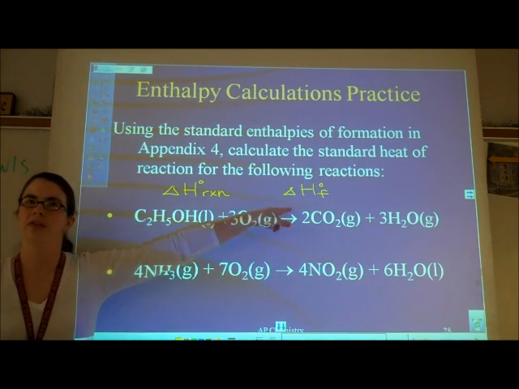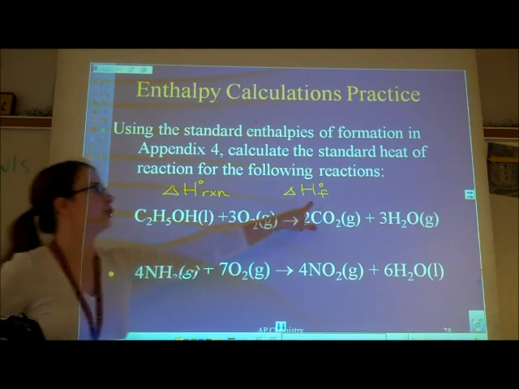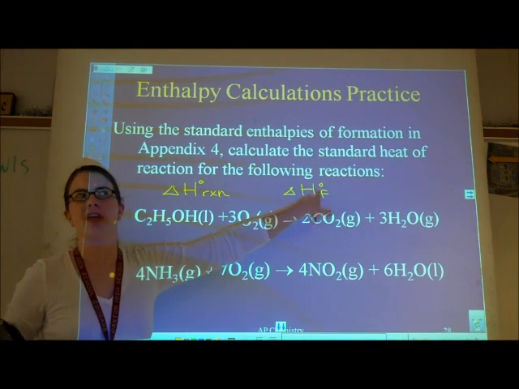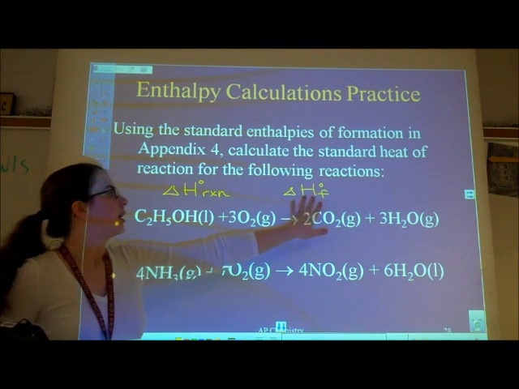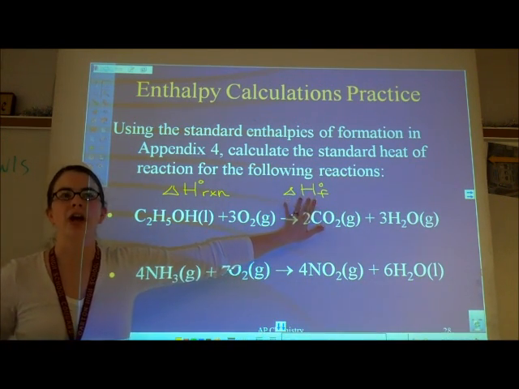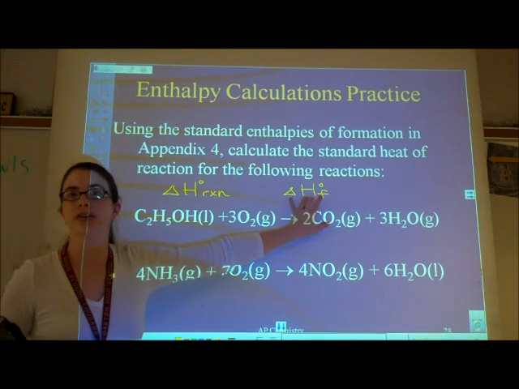Ladies and gentlemen, I want to make sure that you recognize the difference between these two variables. Both of them are a change in heat. Okay? When you see this little subscript F, what does F stand for? Formation. Where does your brain need to go? Chart. I want you to think chart when you see that.